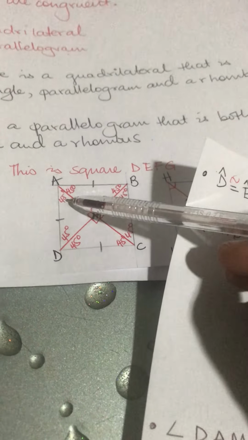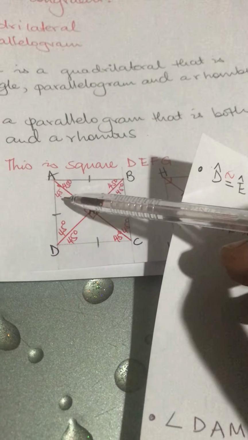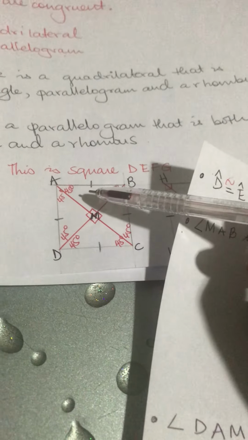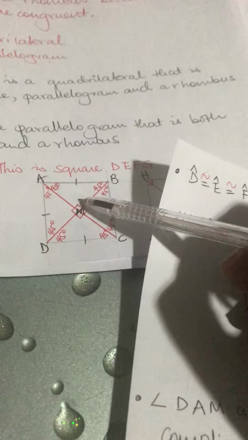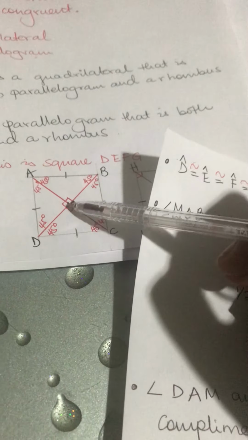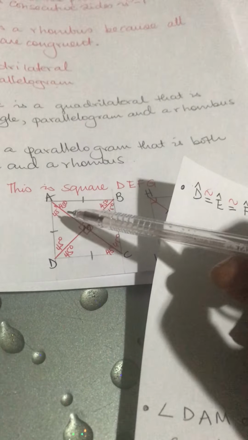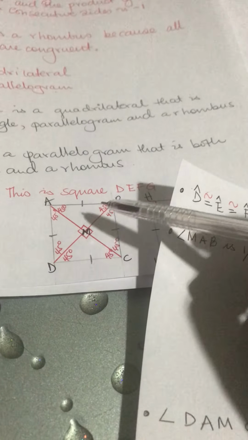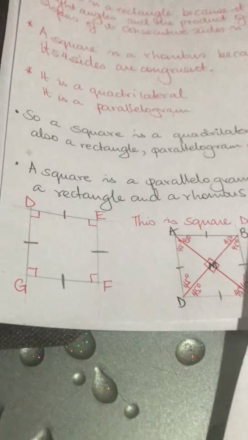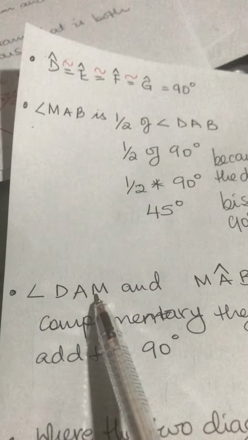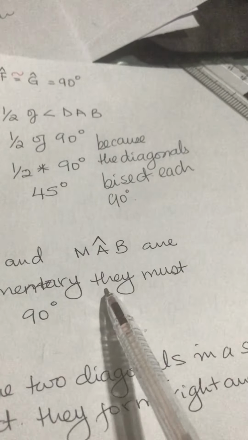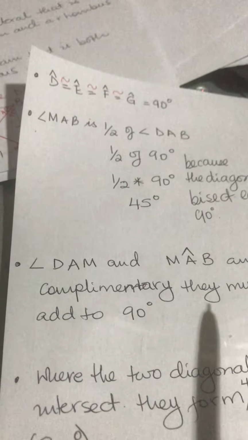In a square, where the diagonals cut the angles, each angle will be congruent. Each angle must be 45 degrees. Must be. This is only in a square, not a rectangle, only in a square. I should see 45 degrees over there. If I see any other number, then that is incorrect. So, angle DAM and angle MAB are complementary because they must add to 90 degrees.